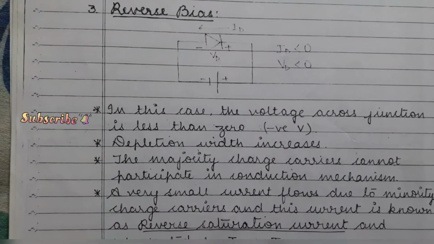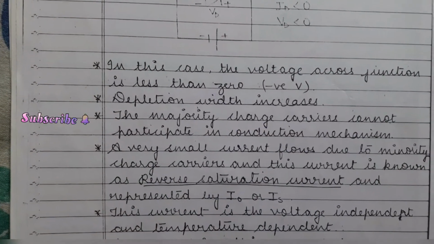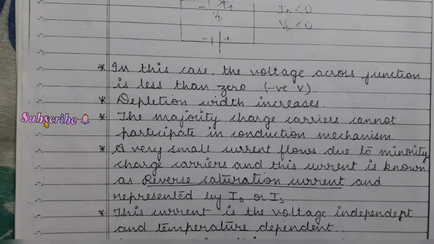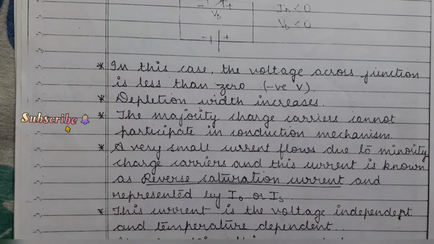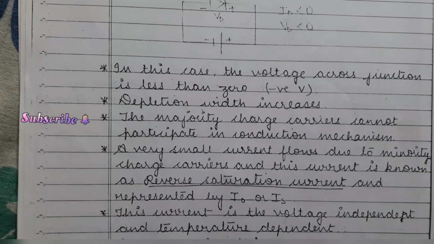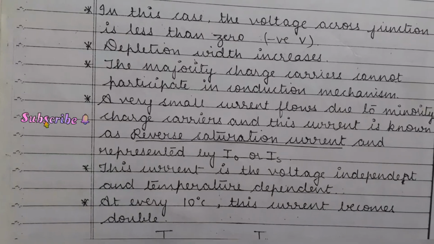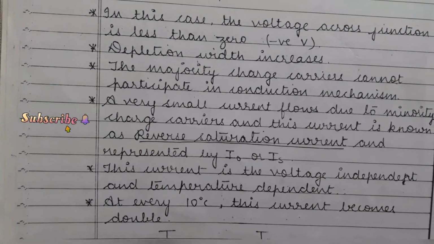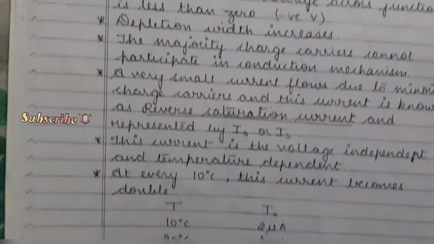A very small current flows due to minority charge carriers, and this current is known as the reverse saturation current, represented by I naught or IS. This current is voltage independent and temperature dependent. At every 10 degree centigrade rise, this current becomes double.